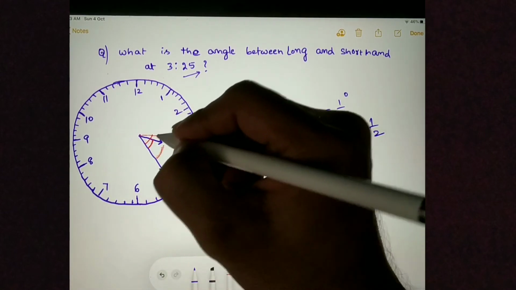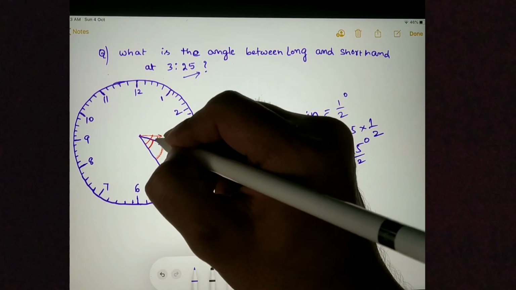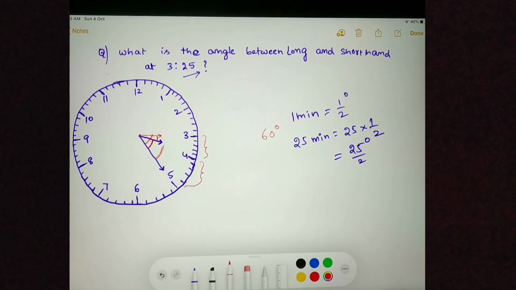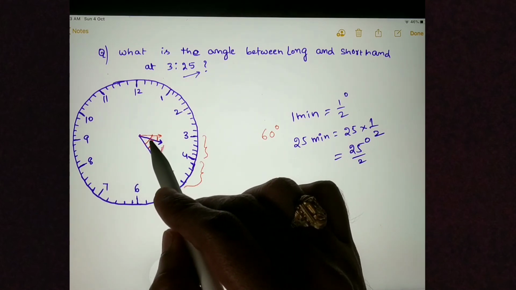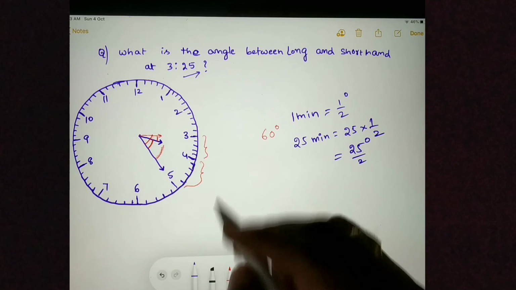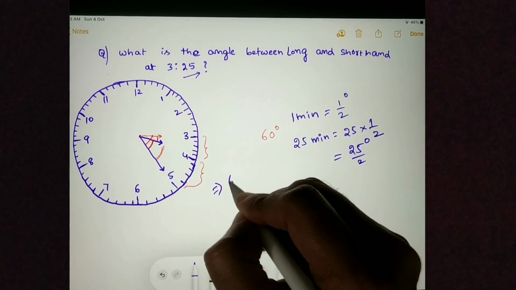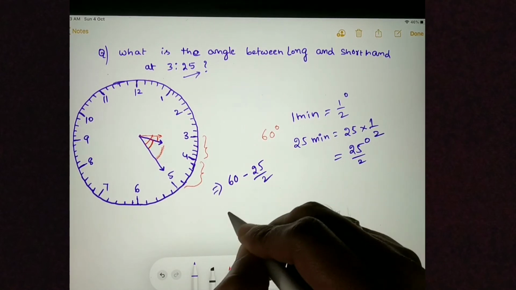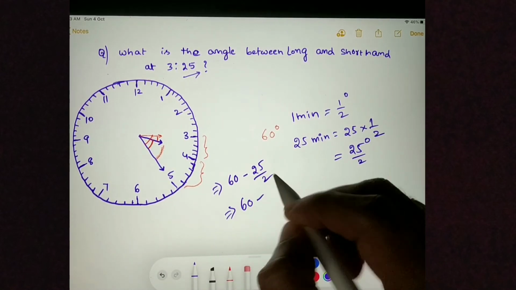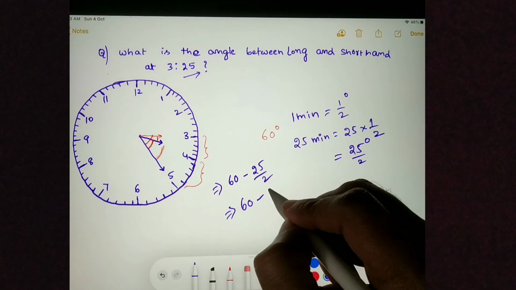Now we got this angle. This angle is 25 by 2 degrees and the total angle is 60 degrees. But we want only this. It means we need to subtract 60 minus 25 by 2. We can write 25 by 2 as 12 and a half.